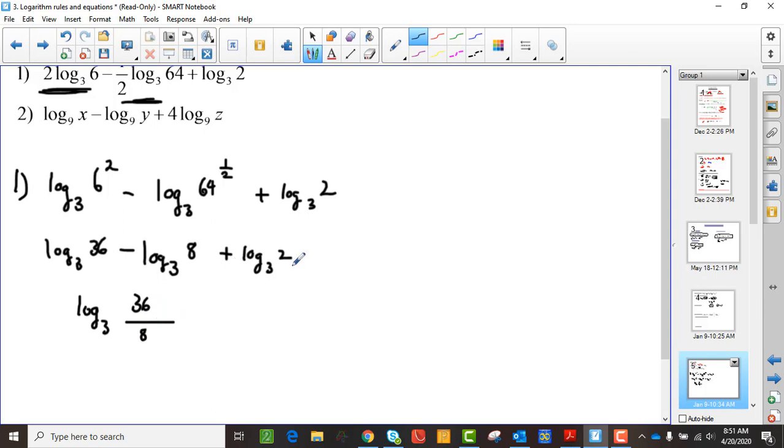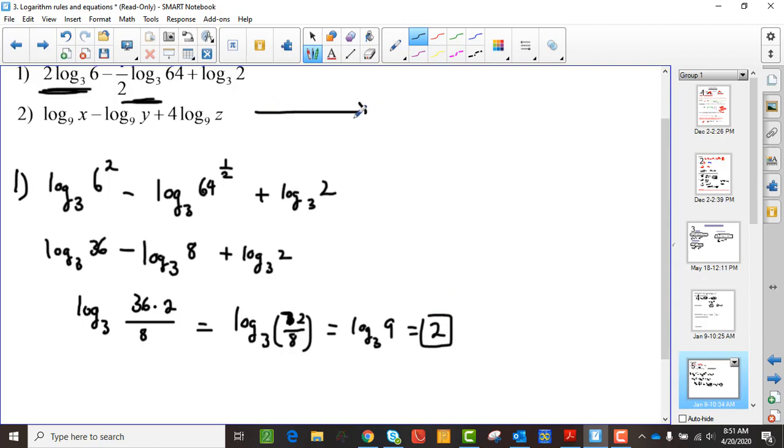And then a plus means I multiply, so times 2. So what I get is log base 3 of 36 times 2, which is 72, divided by 8. And log base 3 of 72 divided by 8 is log base 3 of 9. And log base 3 of 9 is 2. So that's my answer.